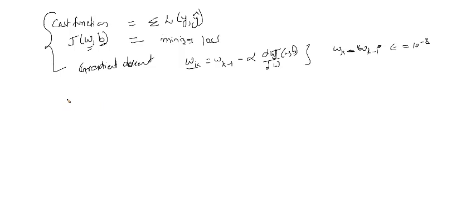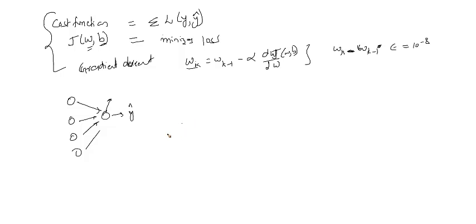In this neural network, remember we have x1, x2, x3, x4, and you have this hidden layer, and you're getting y hat. So let's expand this part and see what happens in this neuron.